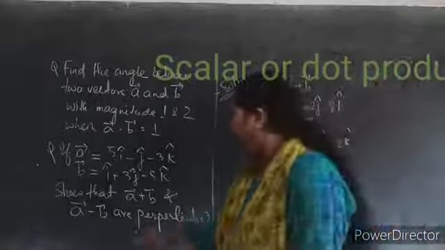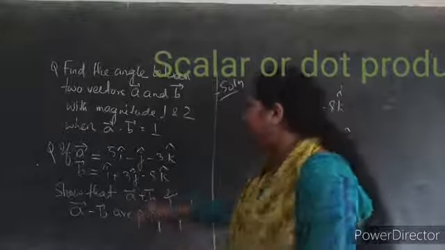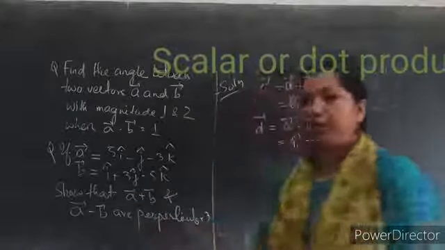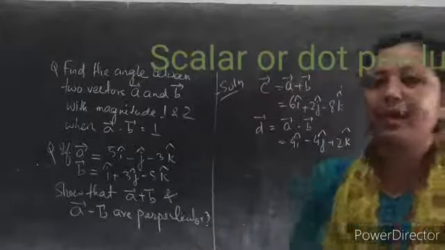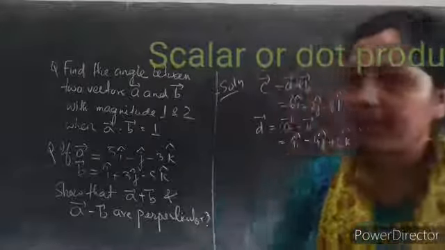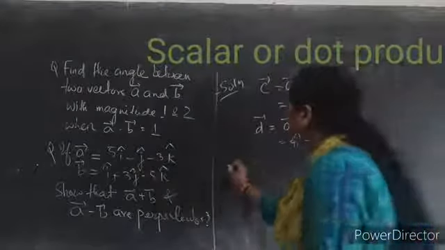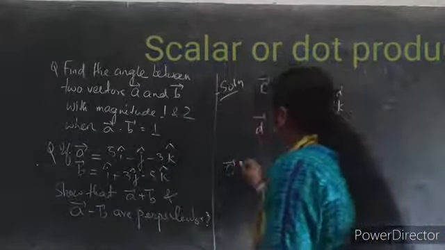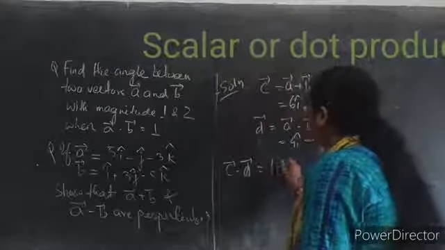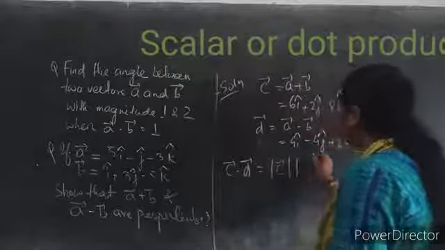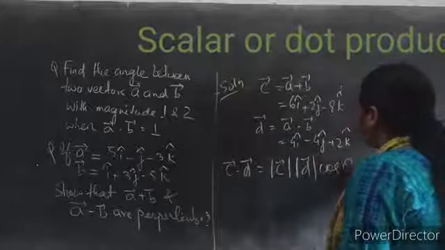What do you need to prove now? A plus B and A minus B are perpendicular. Perpendicular means the angle theta must come as 90 degrees. So if we use the dot product, C dot D equals magnitude of C, magnitude of D into cos theta.